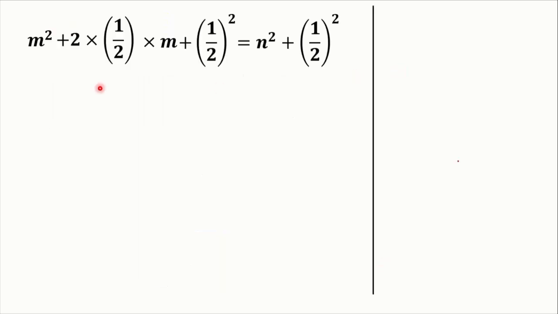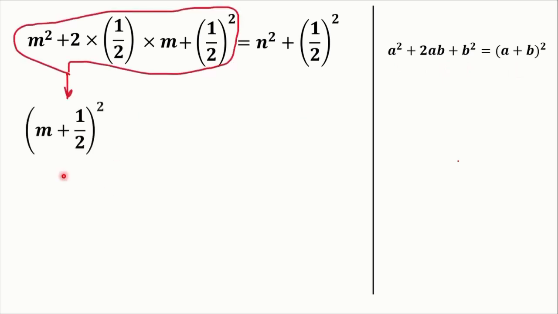Next we take this equation and apply to the left-hand side the well-known formula of algebra. So we will have here m plus 1/2 squared equal n squared plus 1 over 4.